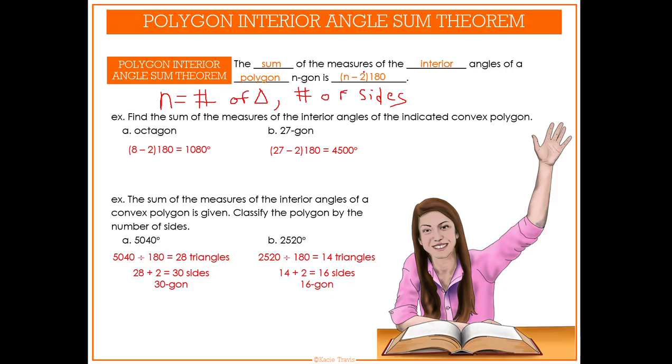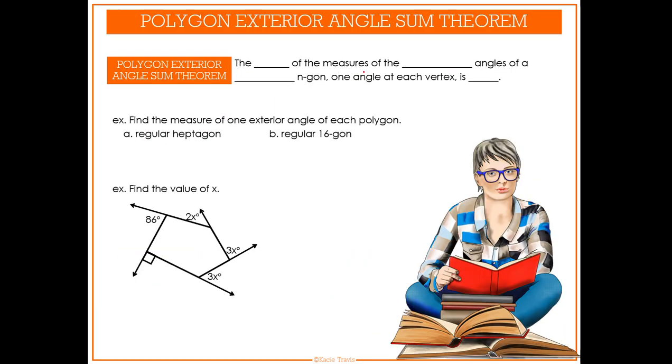All right, that was the interior angles. Let's talk about our friends on the outside, the exterior angles. Now, the sum of the measures of the exterior angles of a polygon, n-gon, whatever gon, is 360. So no matter what, your total measure on the outside will be 360.